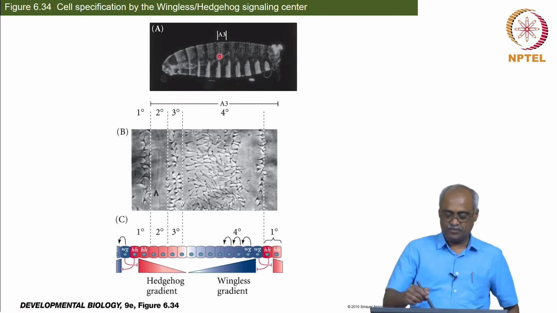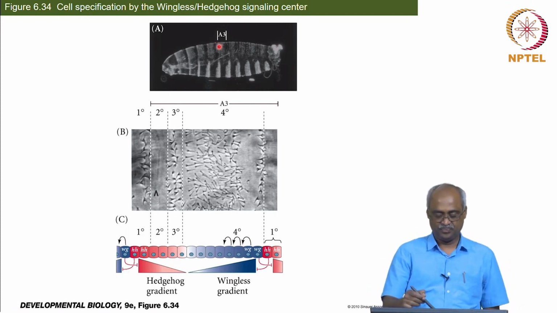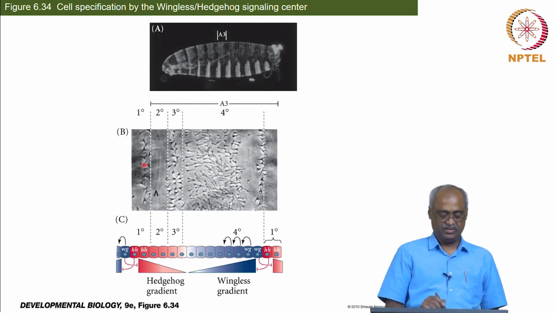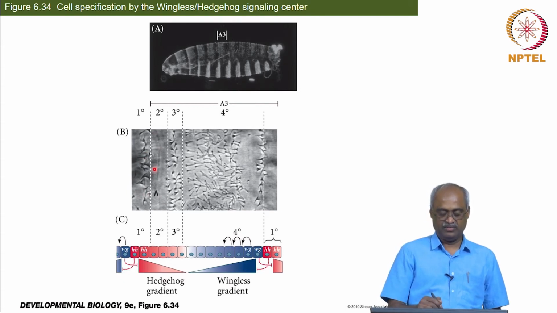If you look at the top surface of this embryo, the abdominal segment 3, and look closely, the cells producing a high amount of either of the two form this sort of hair structure on the dorsal epithelium, and where you have no wingless but less hedgehog, they form a smooth surface.